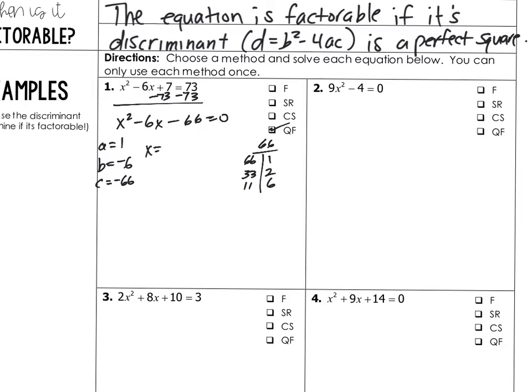So X equals negative 6. Actually, I'm going to erase this real quick because I'm going to run out of room. The quadratic formula takes up so much space. Plus or minus the square root of negative 6 squared minus 4 times 1 times 66, all over 2 times 1.